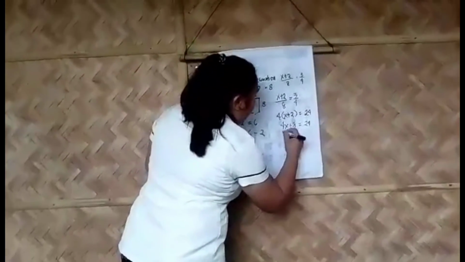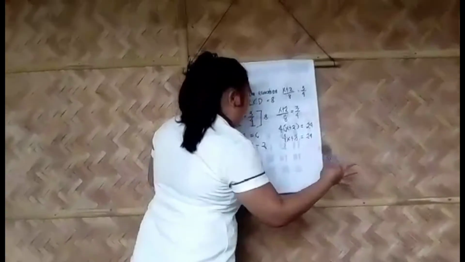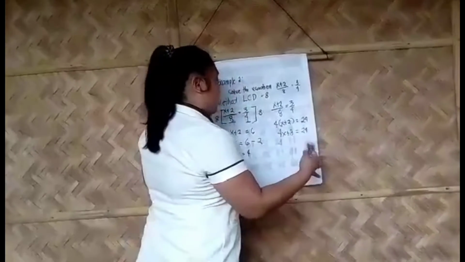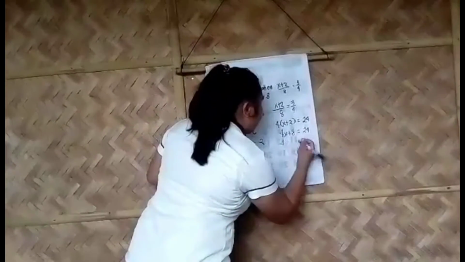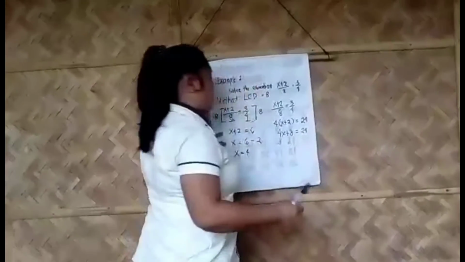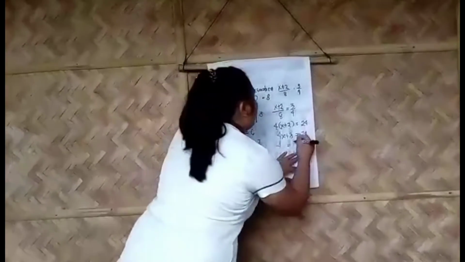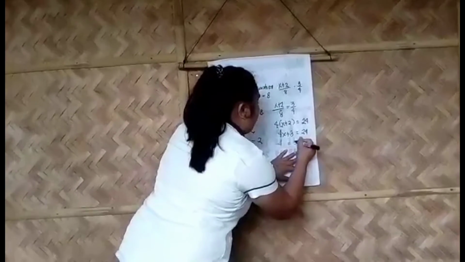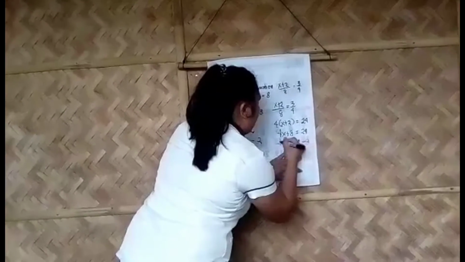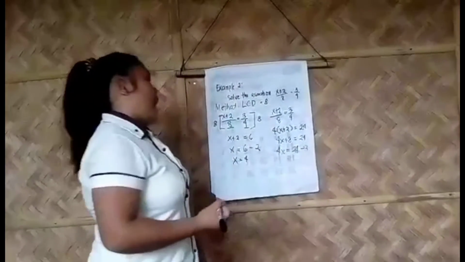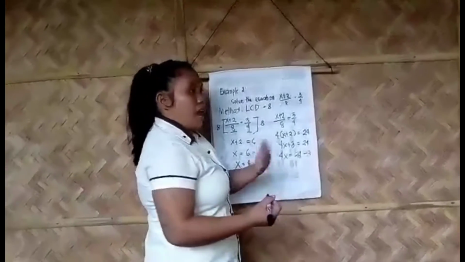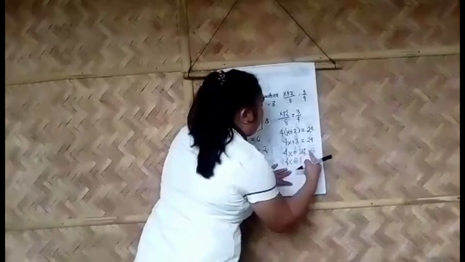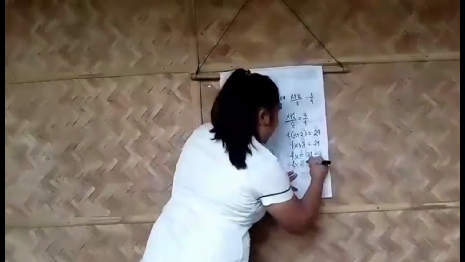So we have here 4x equals 24 minus 8. Okay, after that, let's copy 4x. 24 minus 8 is equal to 16.